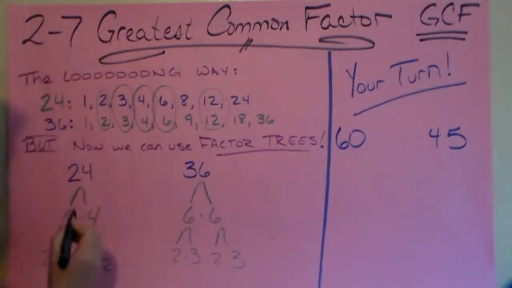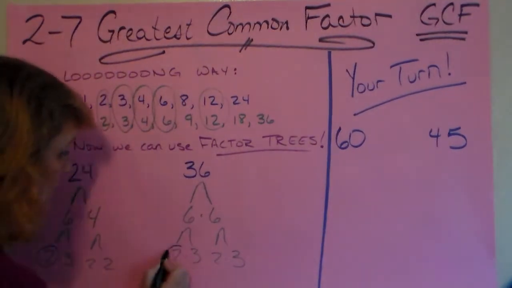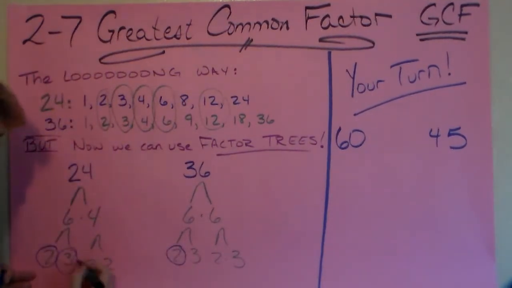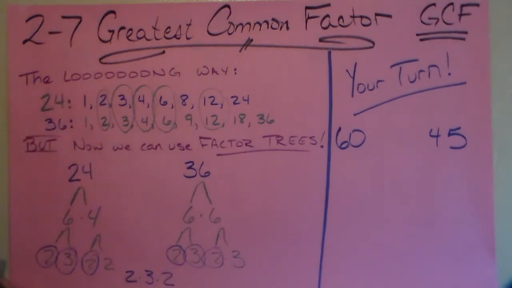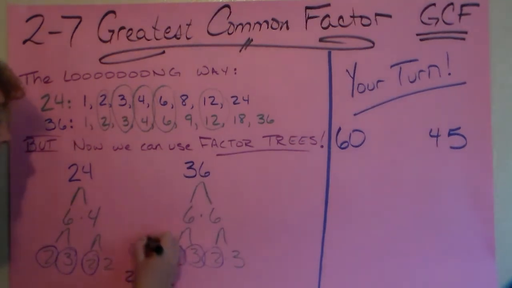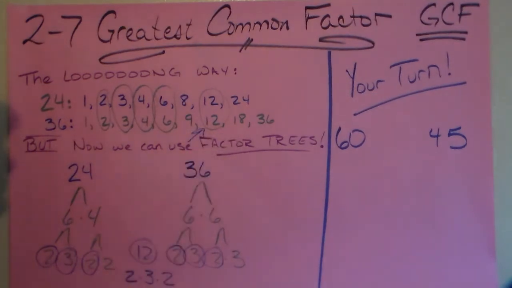So, in common, here's a 2, and here's a 3, and here's a 2. Now they don't have anything else in common, so we're done. What's 2 times 3 times 2? That's 6 times 2, that's 12. Ta-da! Look how easy that was.